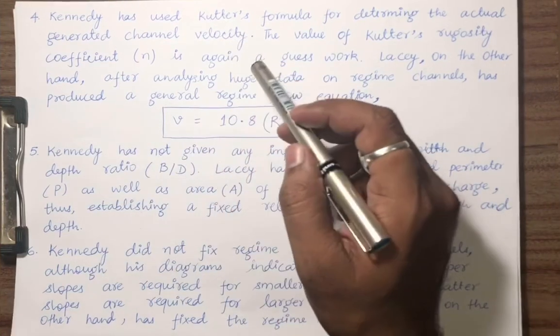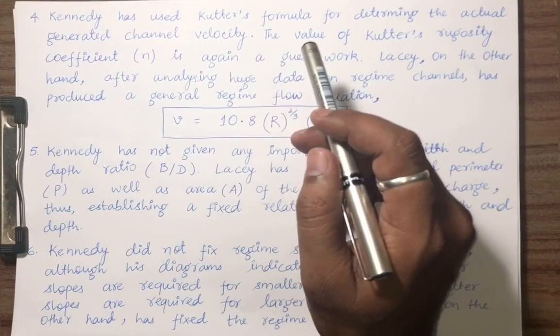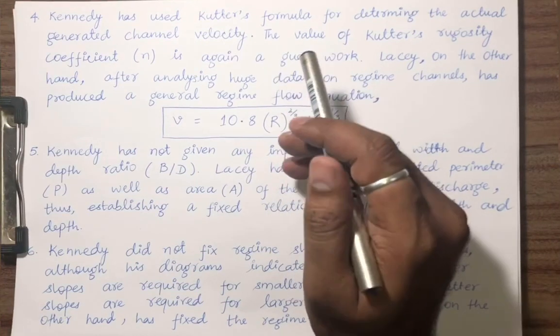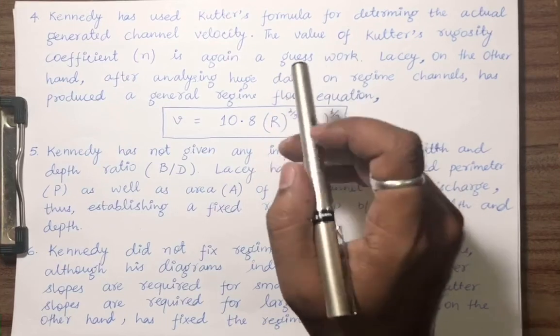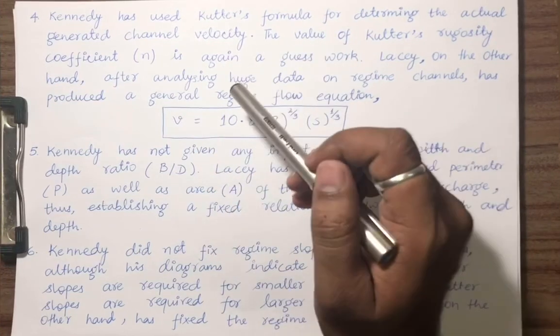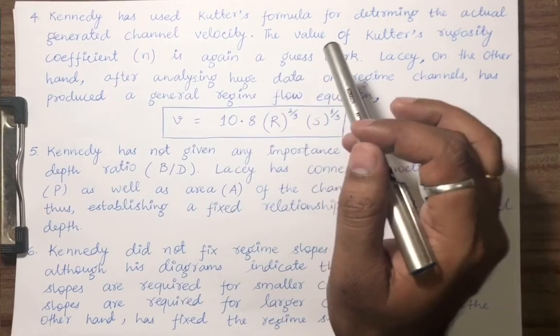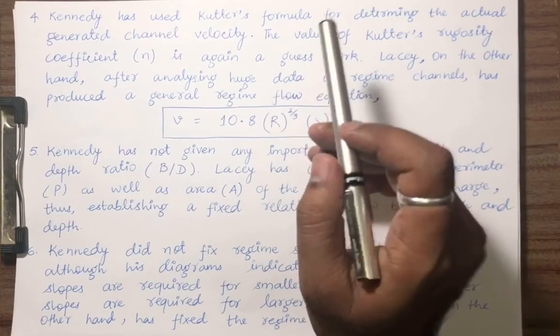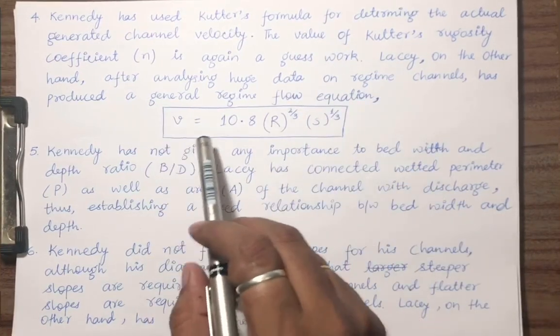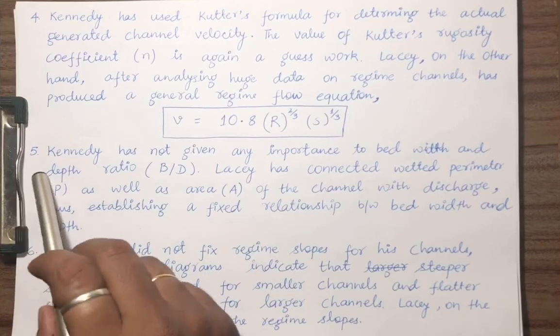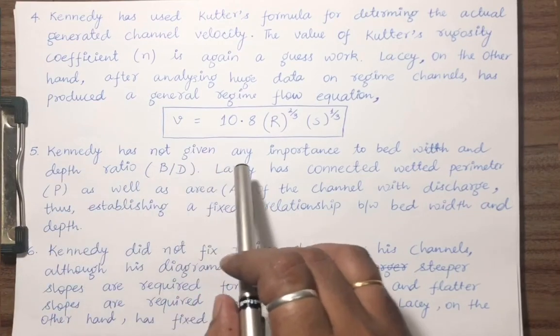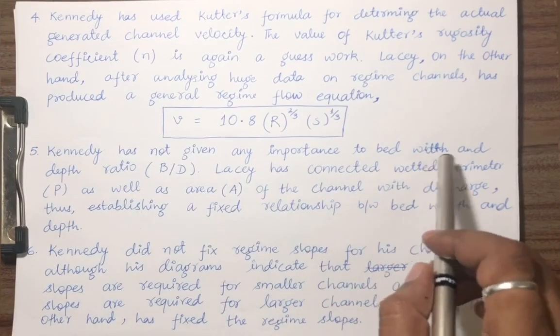So Kennedy directly said that depending upon the channel, you can directly guess the value of n, which is not correct actually. So Lacey has done a huge data analysis and he has come up with the formula which we have already seen.